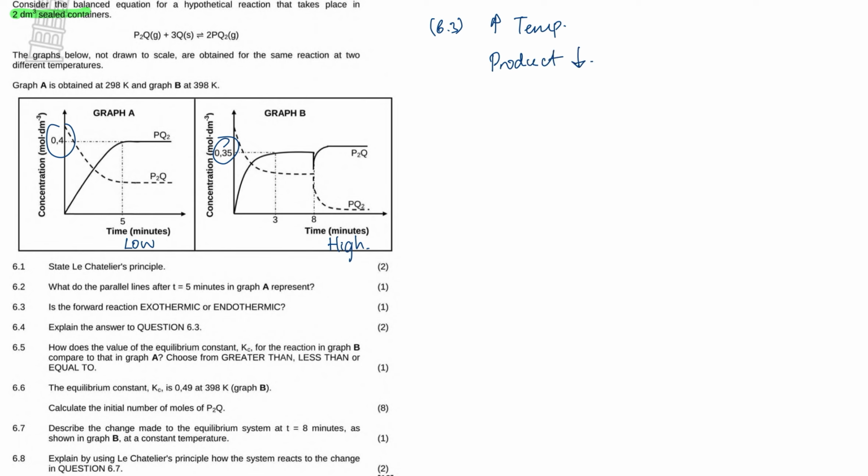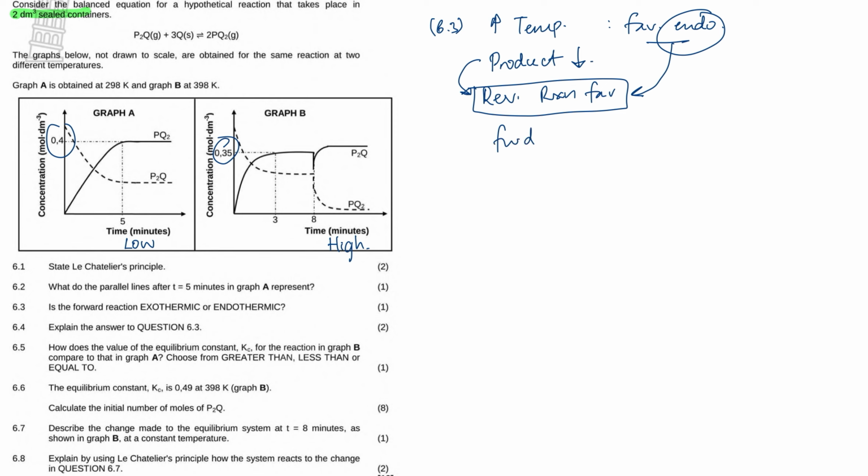That tells us that the reverse reaction was favored, right? Now, an increase in temperature favors the endothermic reaction. So if the reverse reaction was favored, it means that the reverse reaction is endothermic. That means the forward reaction is going to be exothermic.